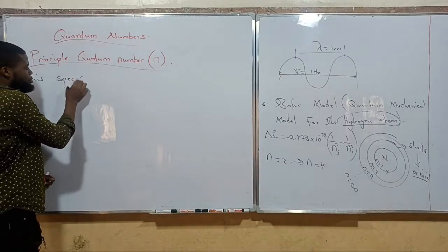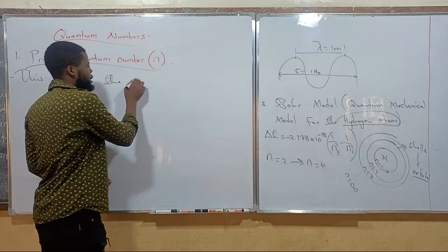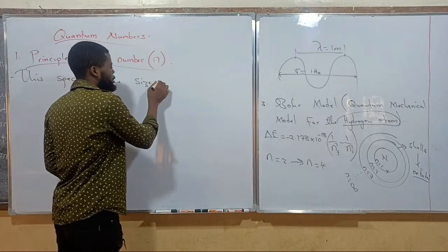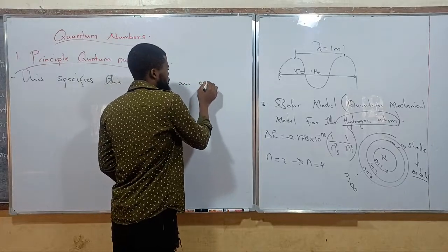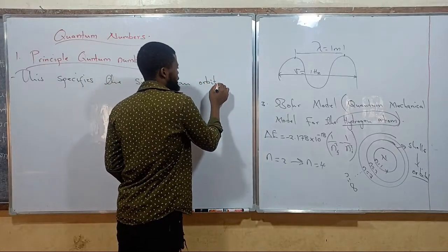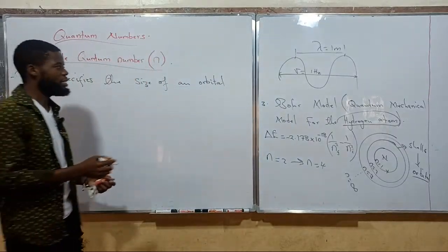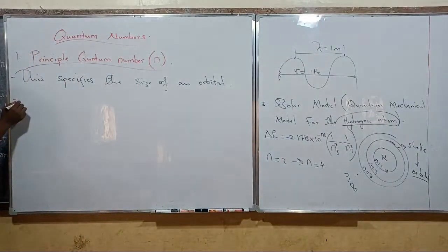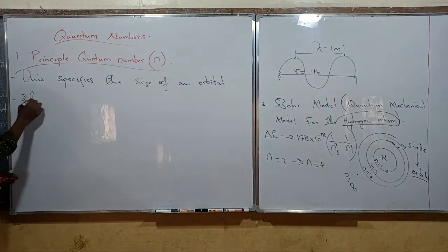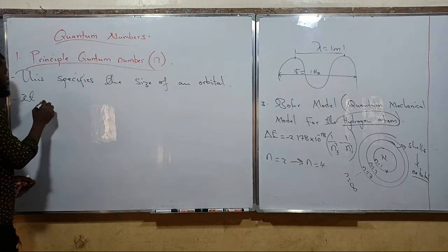The principal quantum number specifies the size of an orbital, keeping in mind that an orbital is where you find electrons. It has integral values of 1 up to infinity.